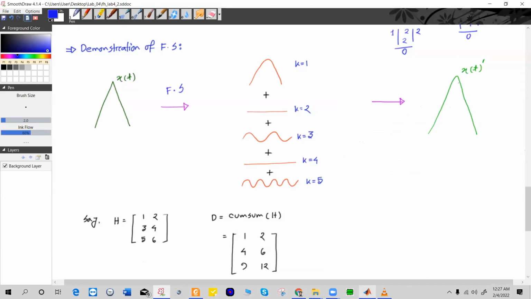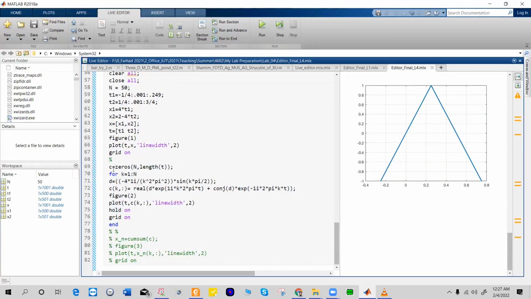So now you see we have defined C zeros and comma length of t. The length of t, you can see, is 1001. So minus 0.25 to 3.75, in between we have in fact 1001 number of data.